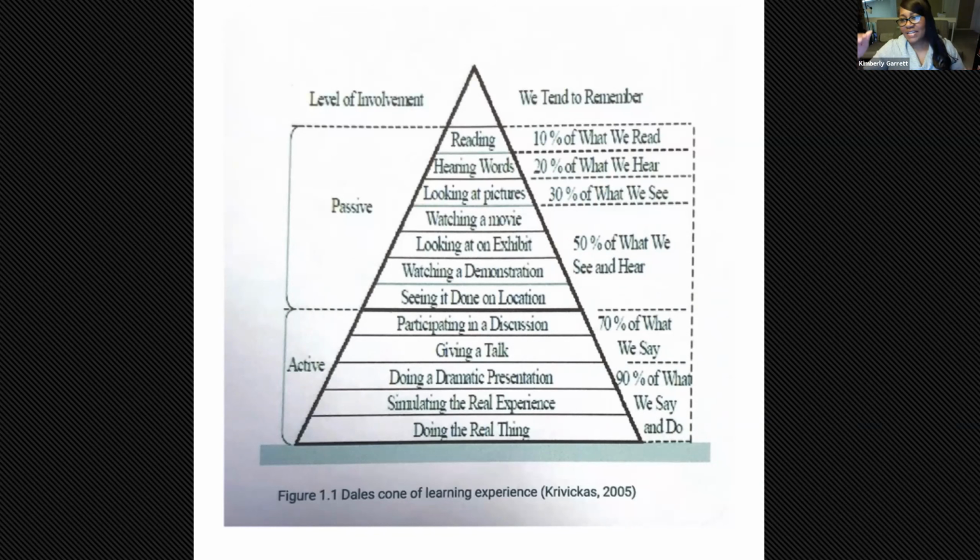We know in the cognitive domain what the highest level of evaluation is, you're really taking on the role of an expert. You really know something when you can teach it to somebody else. So the same thing we see here, doing a dramatic presentation, simulating the real thing, doing exactly what it is you've been taught. For you to be able to take that on as an expert means you know it, and demonstration and actually doing it is a huge part of that. Okay.